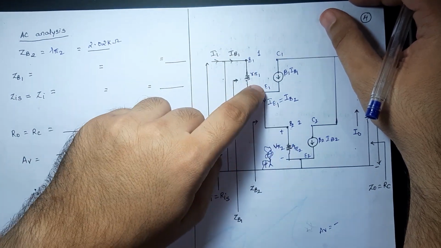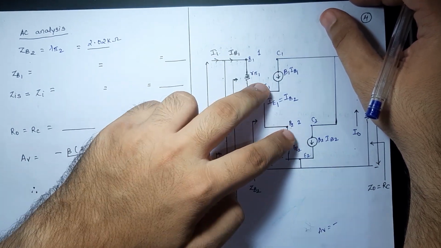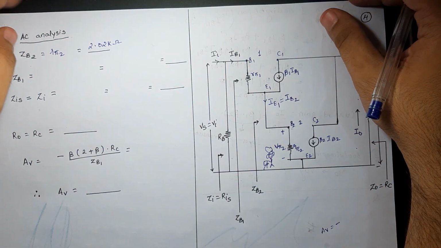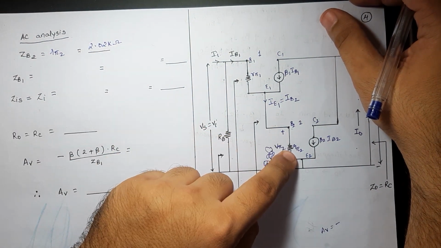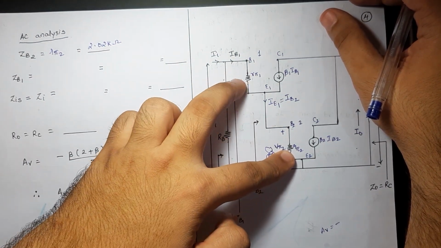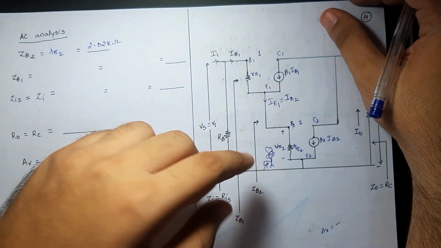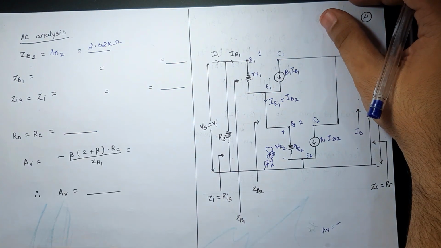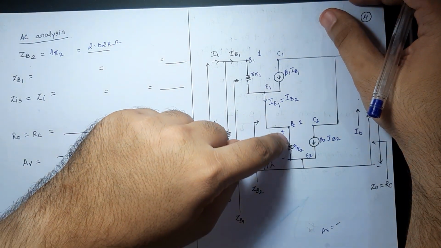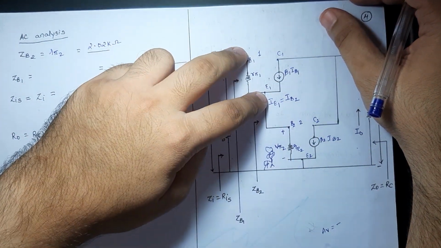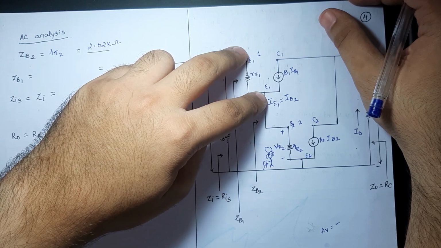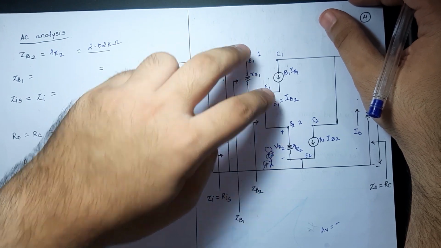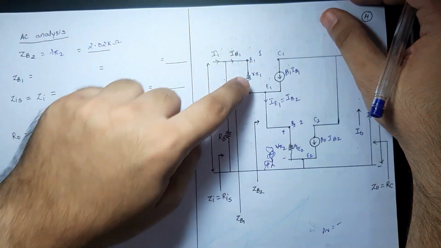If you look carefully, the emitter E1 and the base B2 are simple common points, and the resistance which we are going to pick up is coming in series with R pi 1. If you remember the formula, whenever we transfer the resistance from emitter to base, I'll repeat my statement, whenever we transfer the resistance from emitter to base, you multiply that resistance with 1 plus beta and you connect it in series with R pi.